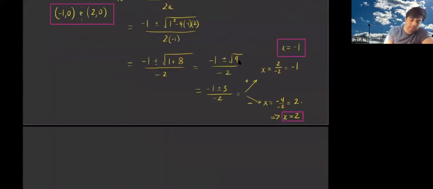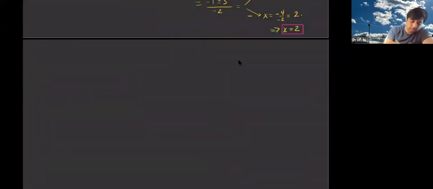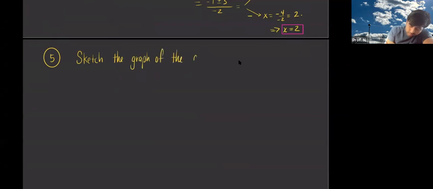So number 5, the last thing we do is find the sketch. So now we can sketch the graph of the quadratic function.